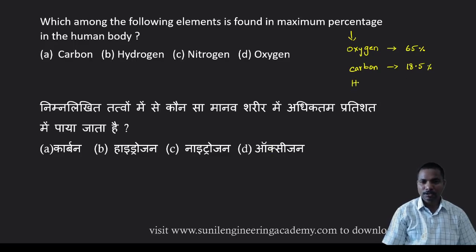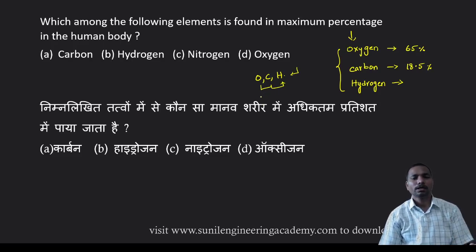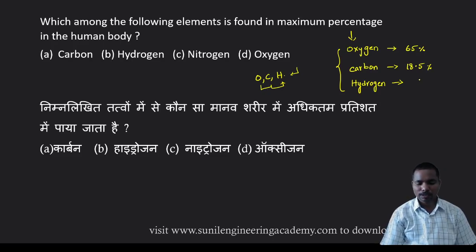The third one is hydrogen, approximately 9.5%. So the main components are oxygen, carbon, hydrogen, that means hydrocarbons. Any organic compounds, like sucrose, maltose, glucose, are found with CHO only.